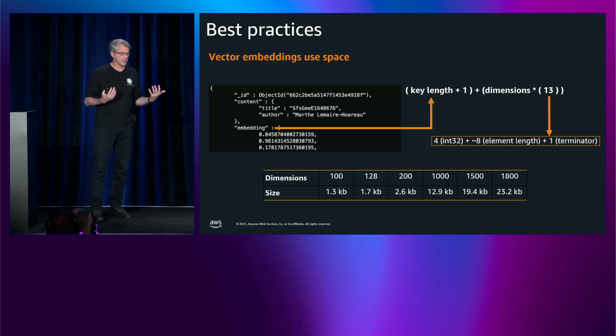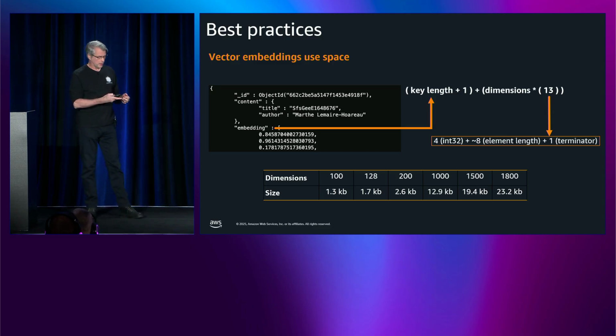So pretty simple formula. You see on the top right here, the key length plus 1 plus dimensions times 13. So the key length is, in this case, embedding. What you've got with the 13 is 4 bytes for an int 32 value, 8 bytes for the element length.